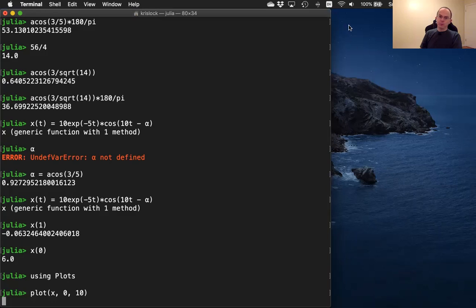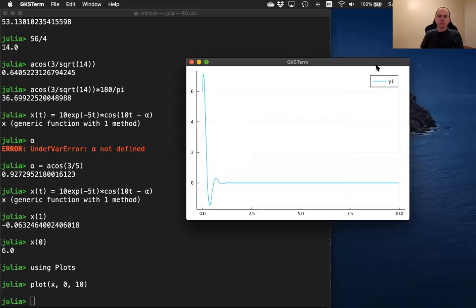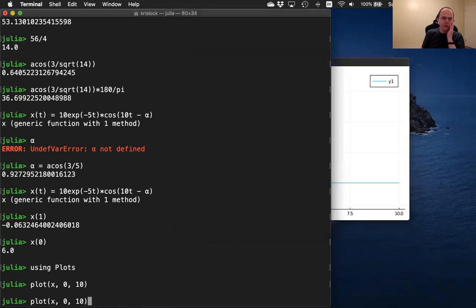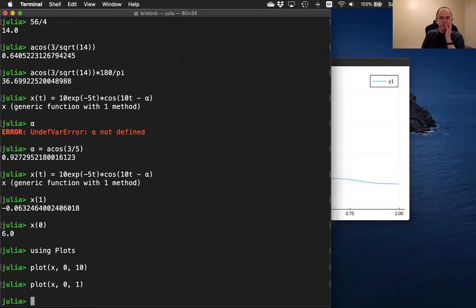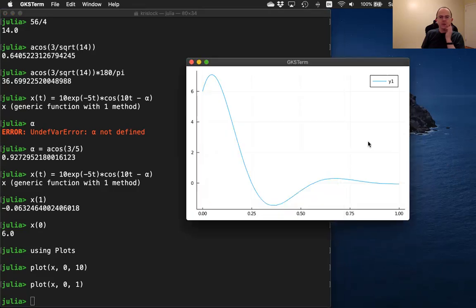This might take a bit. One sec. Okay, so there it is. It actually flattens out quite quickly, like after 1 second. So maybe I'll just plot it from 0 to 1. That might be a better look at it. Okay, that looks good.